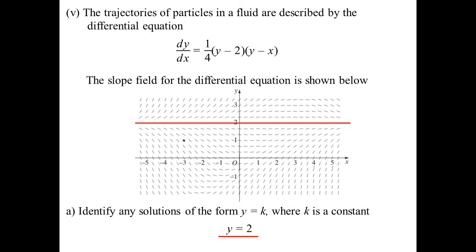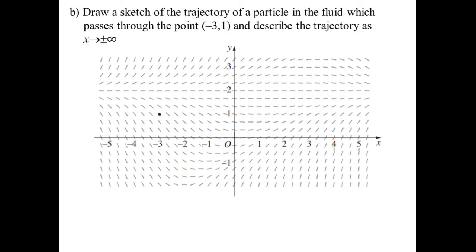So that makes sense. Now, they want us to draw a particular one that passes through this point here, (-3, 1). All right, I shall attempt. Here we go. So now this y equals 2 must end up being a horizontal asymptote. I'm following it along, it's telling me to bend down.